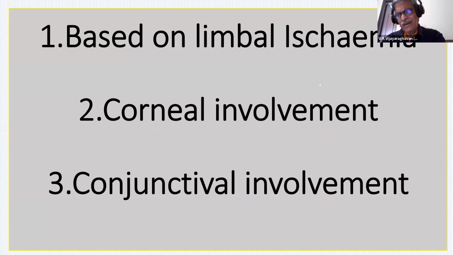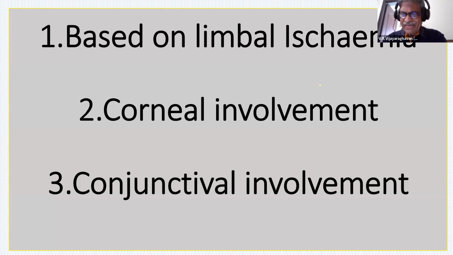Just see around the limbus, whether ischemia is there. Normally, around the limbus you have vessels. You know that. So naturally, around the limbus, vessels are there, not? Absence of them is called limbal ischemia. Then see the cornea. Is the cornea clear or not? When the cornea is clear, you can see the underlying details, the iris, pupil and all. Or the cornea is opaque, you cannot see.